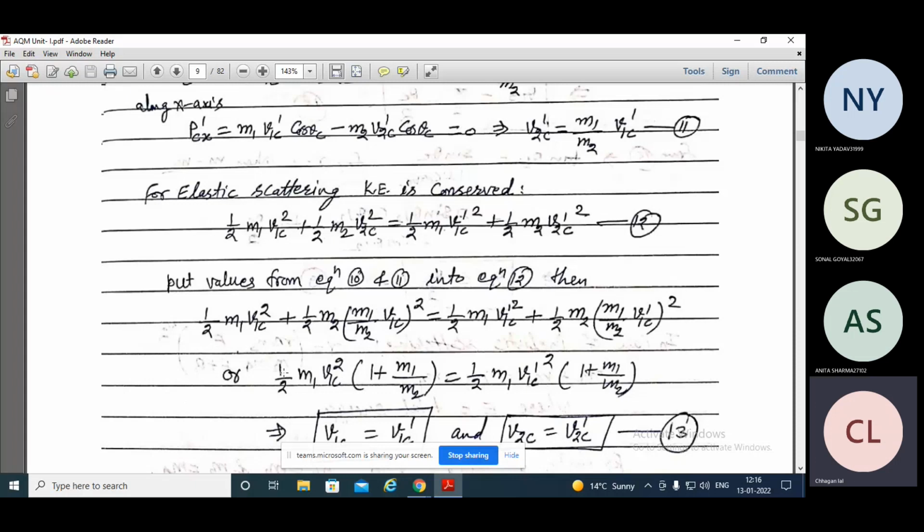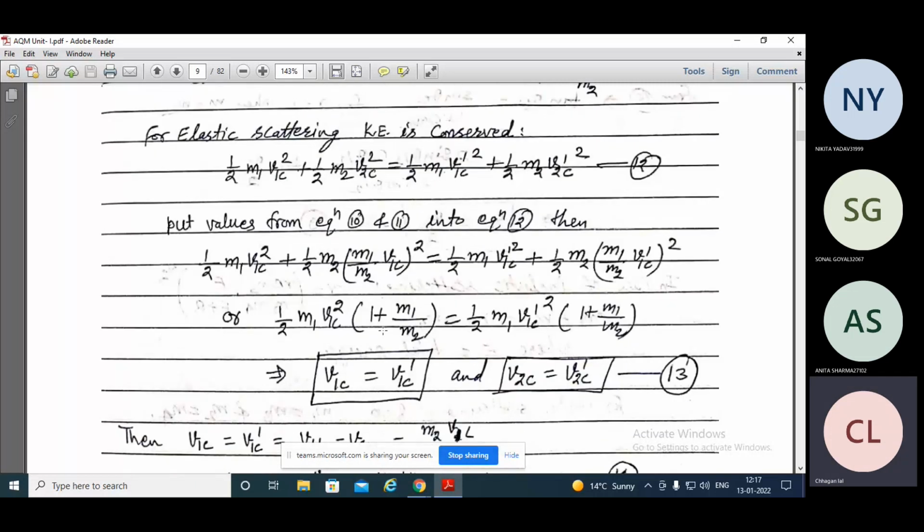So we can take half m1 v1C square common. From the first term there is only one. Half m2, one m2 got cancelled, here only m1 is left and one m1 taken common, therefore m1 over m2. Check the next term: taking common half m1 v1C' square, from the first term comes 1, and the next term gives half m1 v1C' square. This means 1 plus m1 over m2.